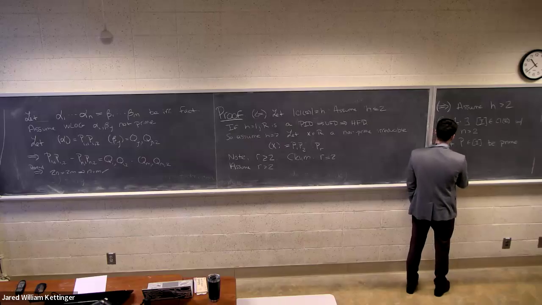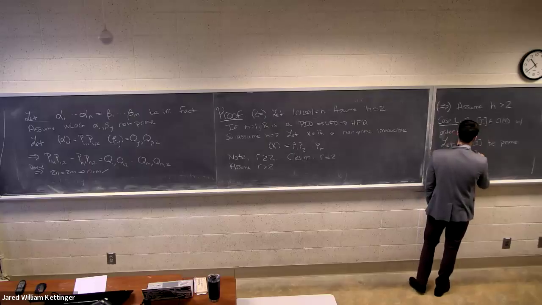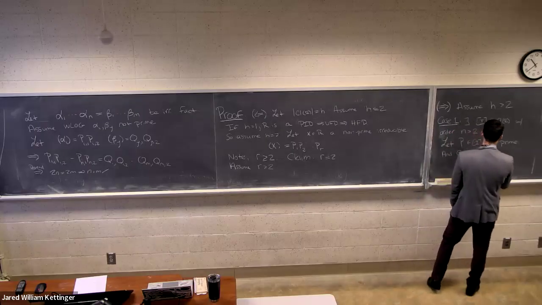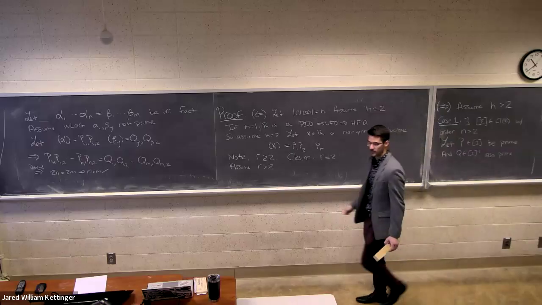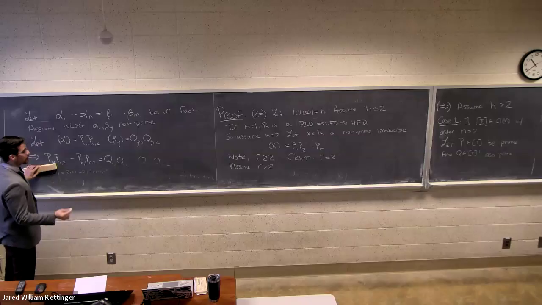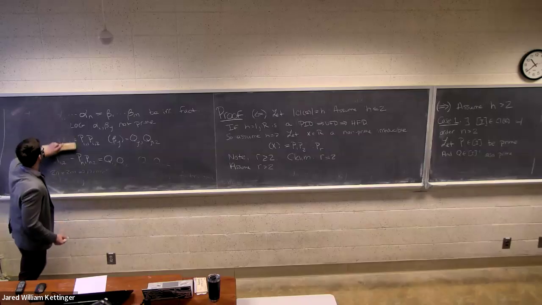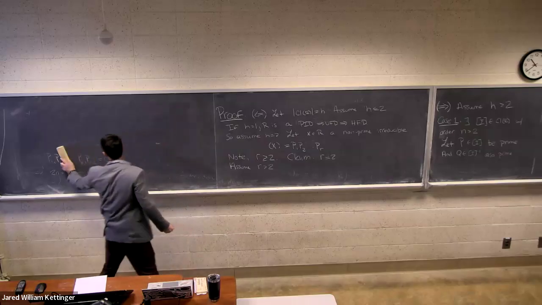And we're also going to choose Q to be in the inverse class, also prime. So why would I do such a thing?